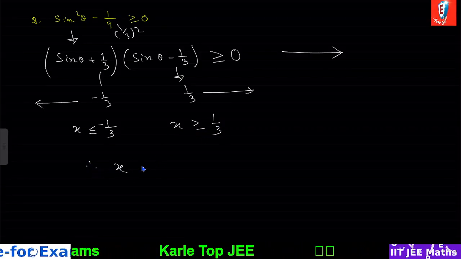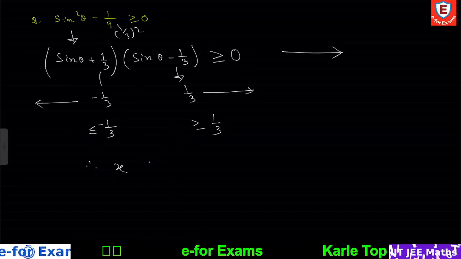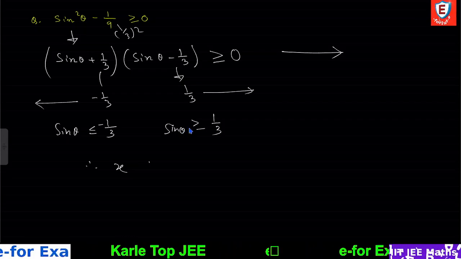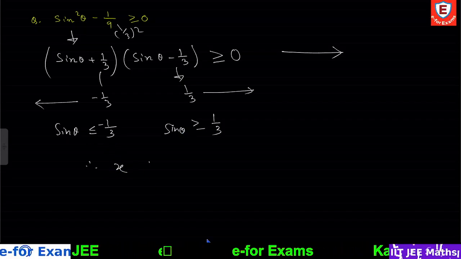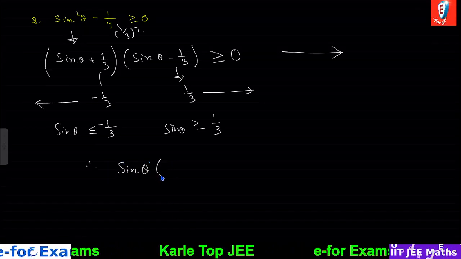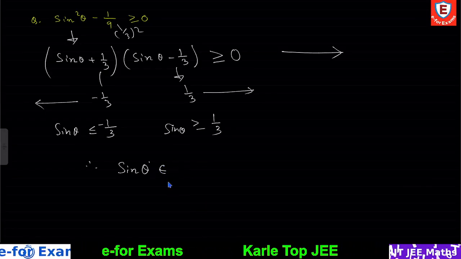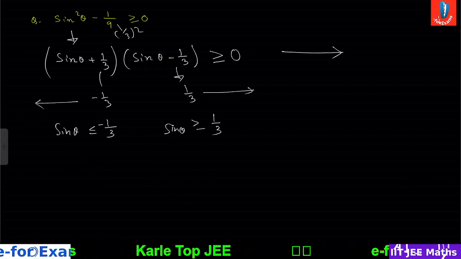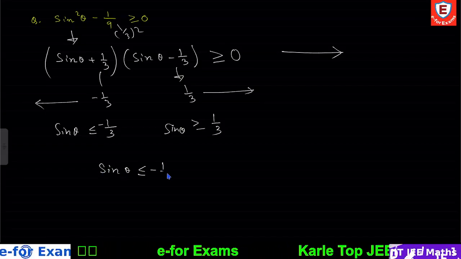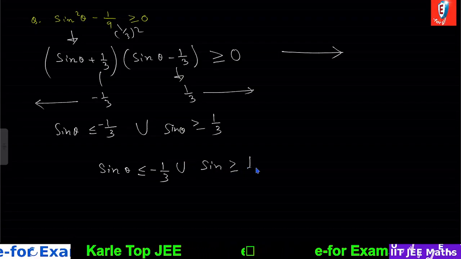Therefore, here it is not x, it is sine theta. Solution for sine theta. That is, sine theta is less than or equal to minus 1 by 3 union sine theta greater than or equal to 1 by 3.